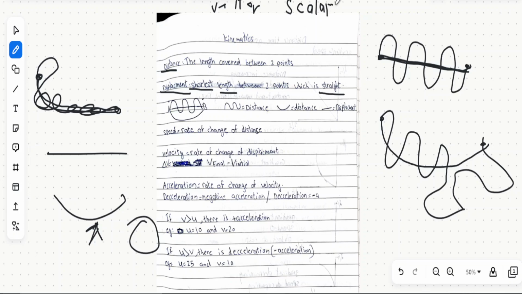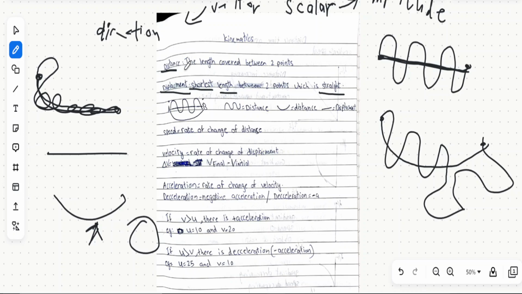Moving on, remember the differences between vector and scalar. Scalar quantities will only have amplitude, whereas vector quantities will have amplitude and direction. So displacement is a vector quantity, distance is a scalar quantity.